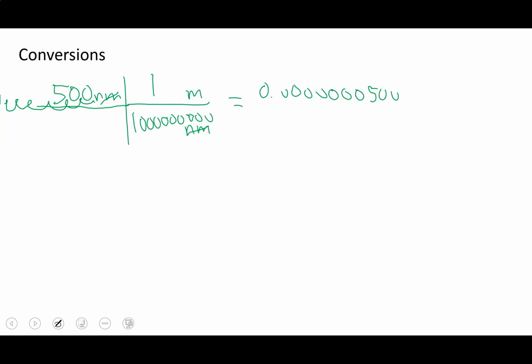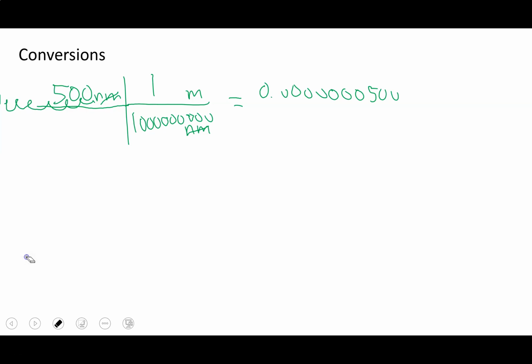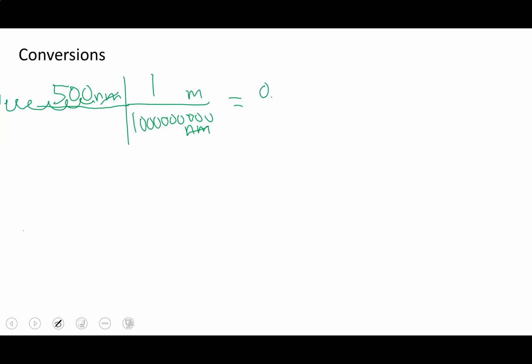So we're just going to shift our decimal over. 1, 2, 3, 4, 5, 6, 7, 8, 9 would be my shift over, and this would be my meters.